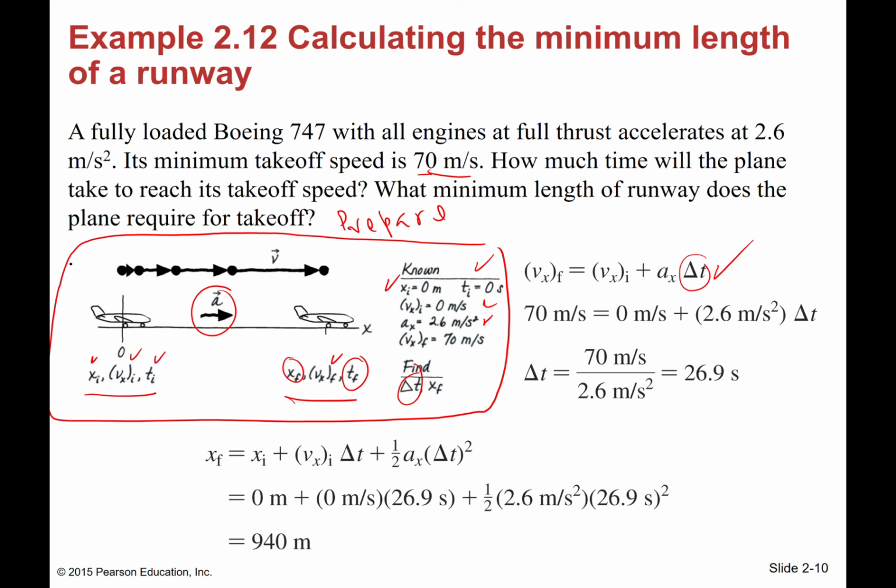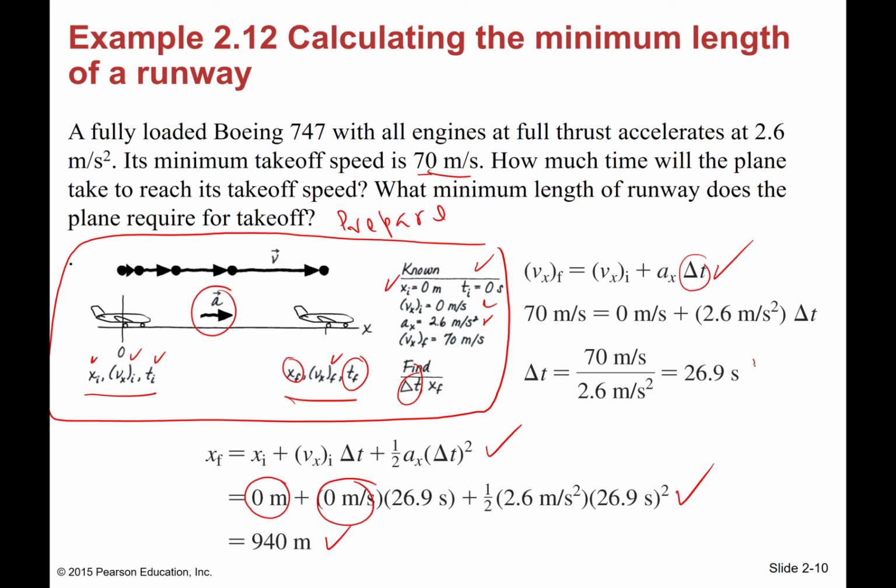For that, I'm going to use this equation, x final equals x initial plus v initial times delta t plus 1/2 a delta t squared. I know x initial is 0, v initial is 0, and the rest is just this number here. When I do that, I get 940 meters. So that's my solution.